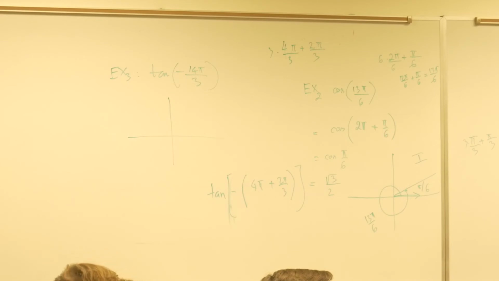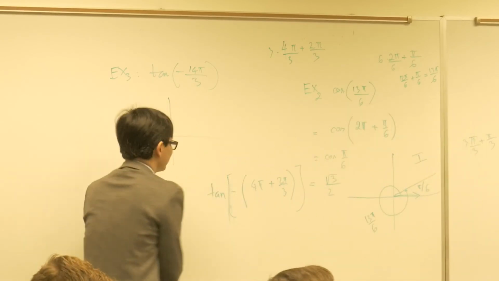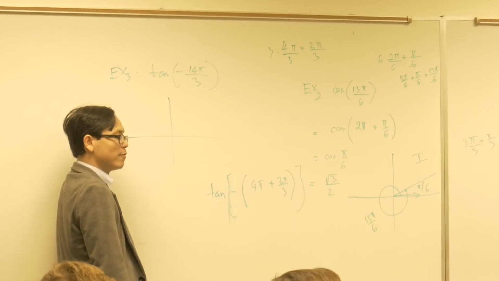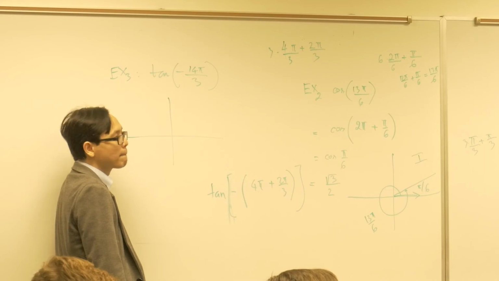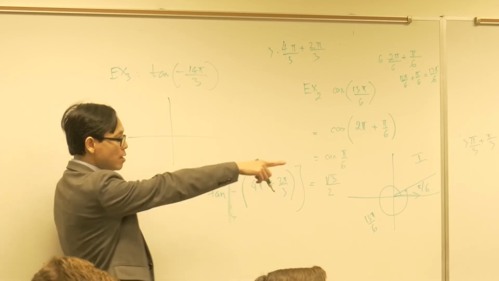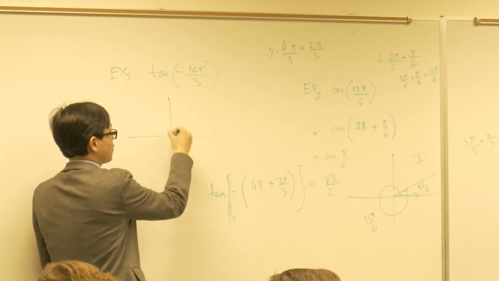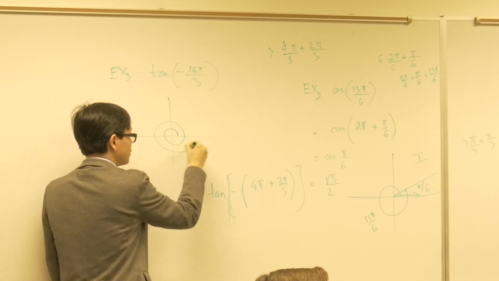Alright, now let's draw the picture. 4 pi, how many revolutions represent 4 pi? 2 revolutions, because 1 revolution is represented by 2 pi. So 4 pi is 2 revolutions: 1, 2.